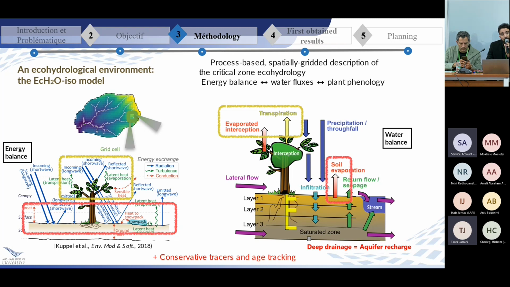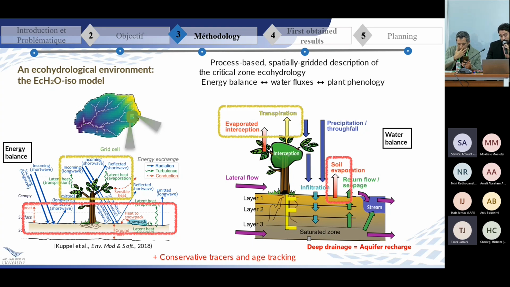customized onto three layers. The first layer is going from 0 to 10 centimeters, which is the evaporative layer. The second layer is the root layer, going from 10 to 15 centimeters. And finally, the unsaturated zone that goes beyond to the aquifer.